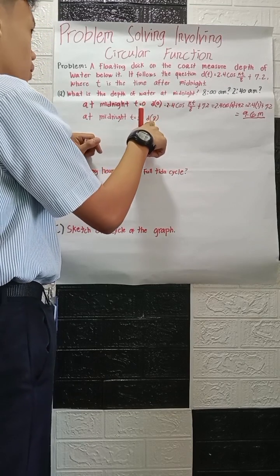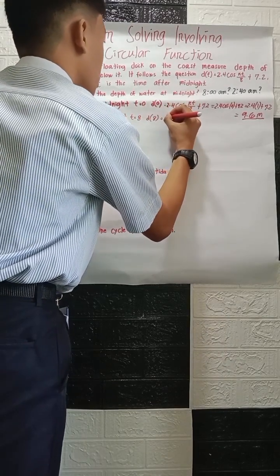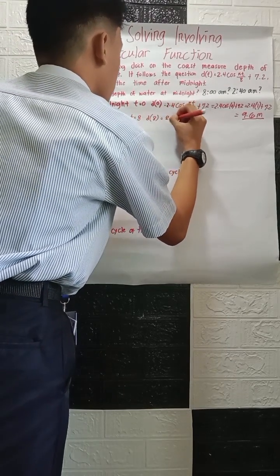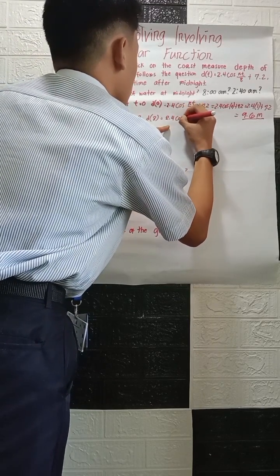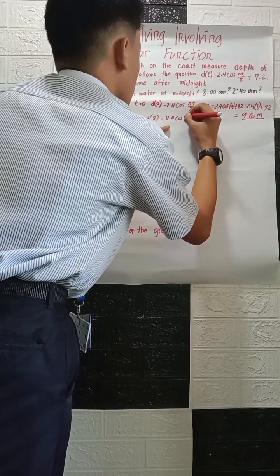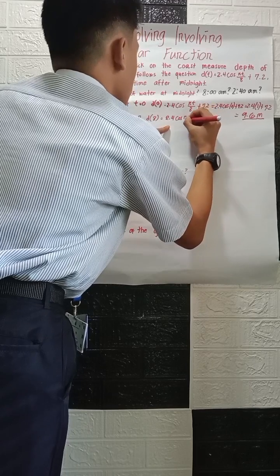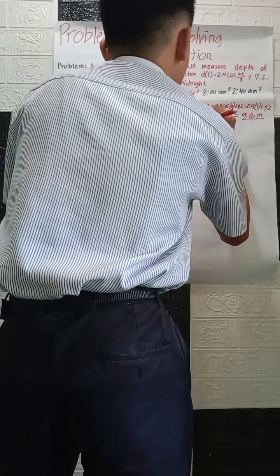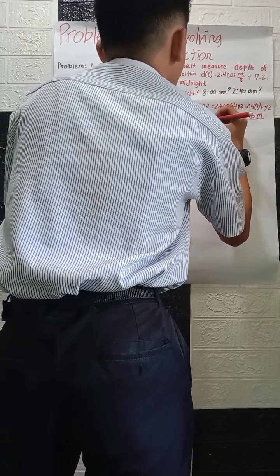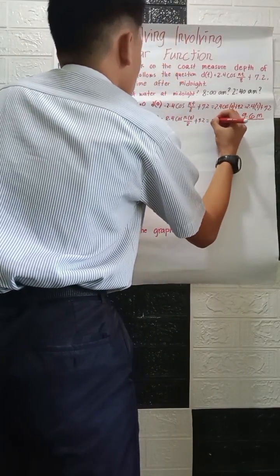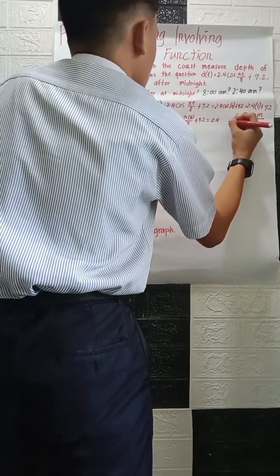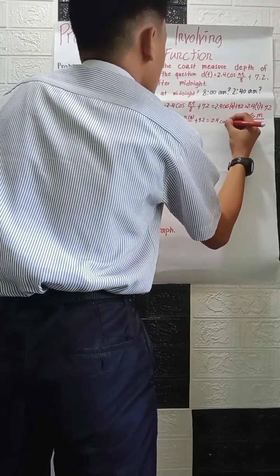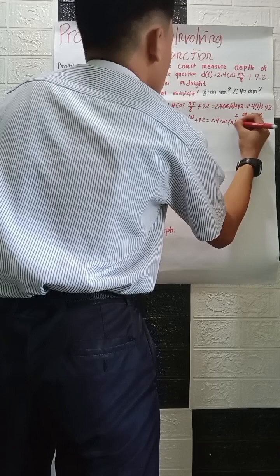So 2.4 cosine times pi is equal to 8 times pi times 8 is equal to 8 plus 7.2, which is 2.4 cosine times pi plus 7.2.